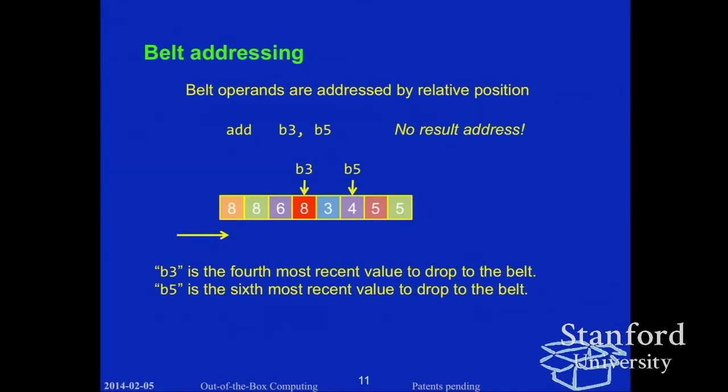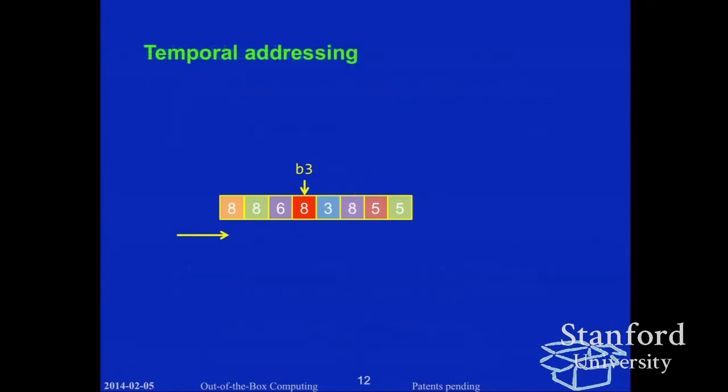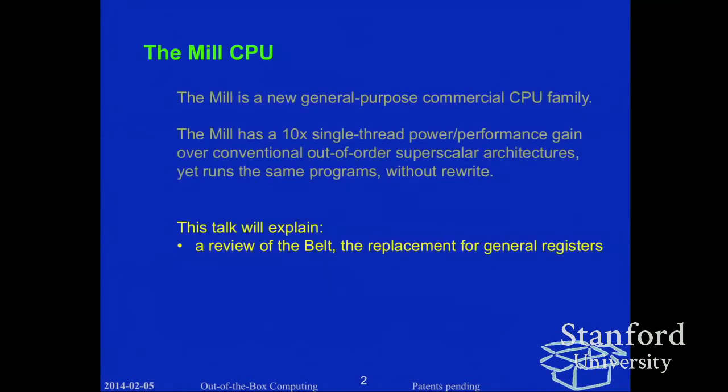And B5 is the 6th most recent value to have dropped to the belt. So this is temporal addressing. It is not spatial addressing. You're not saying put something in R6 and it stays in R6. This says pick up the value indicated by the temporal order in which it was originally placed upon the belt. The belt is available in more detail on the 380 website and on ours, and at other locations.